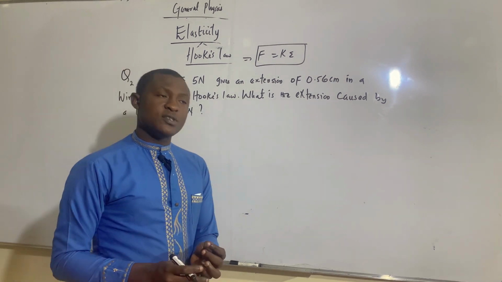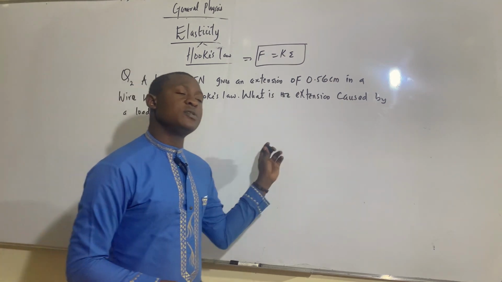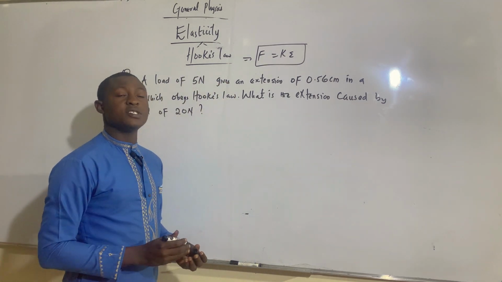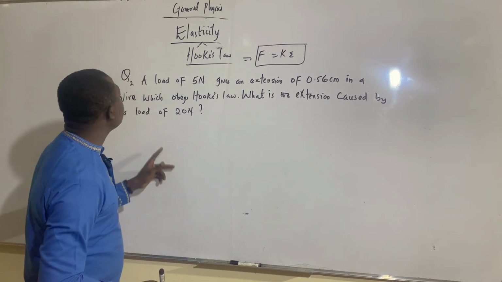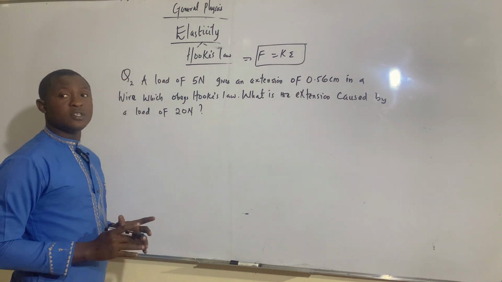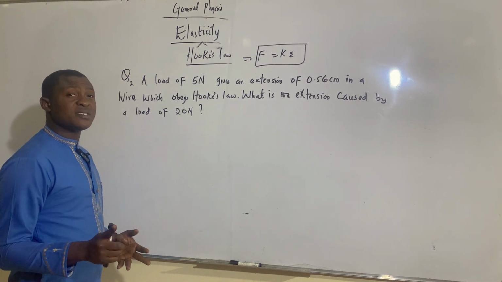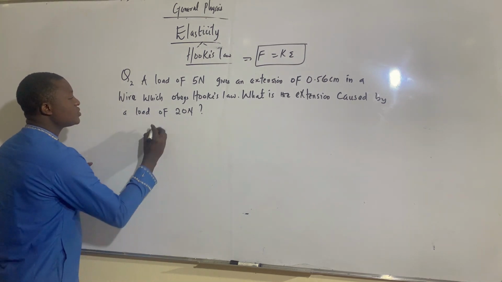I can still solve it using the same process, the same method of the way we solved the first one. So the first thing for you to do, firstly put out the given data. That's the first case. They said a load of 5 Newton. Load, weight is still referring to the same thing, which is the force.